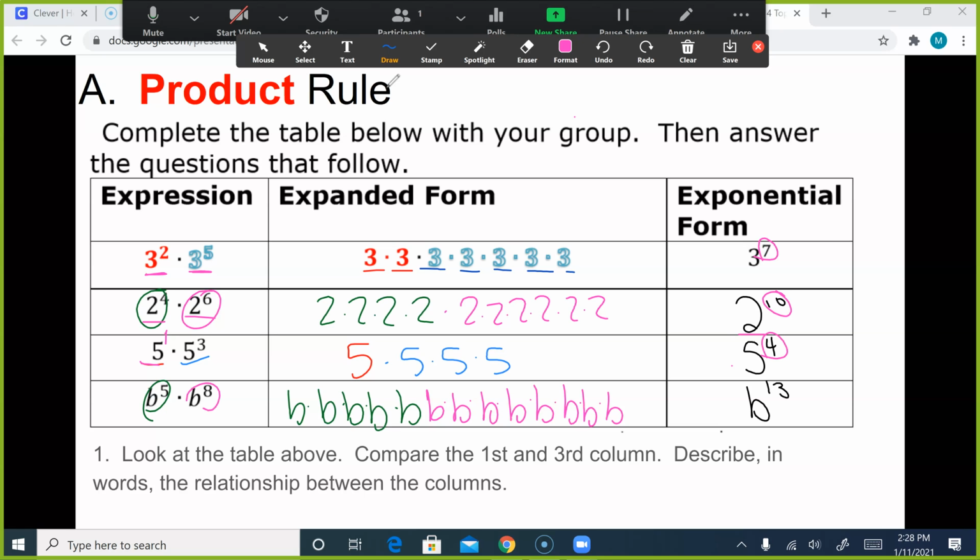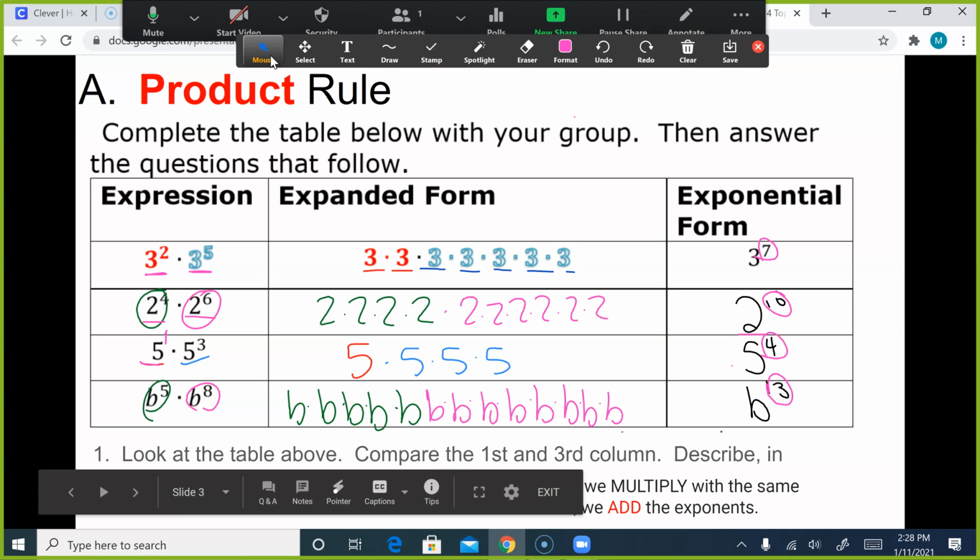B to the 5th and B to the 8th makes B to the 13th. So what's happening with the exponents? When the bases are the same and I can combine them, we are adding the exponents together.